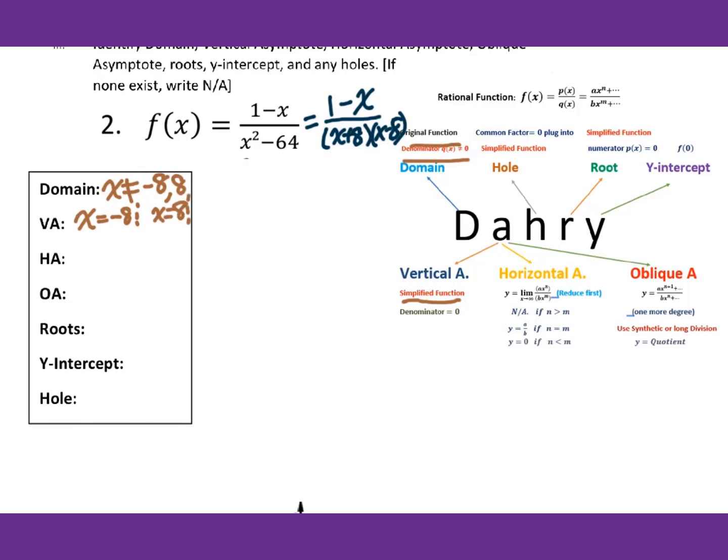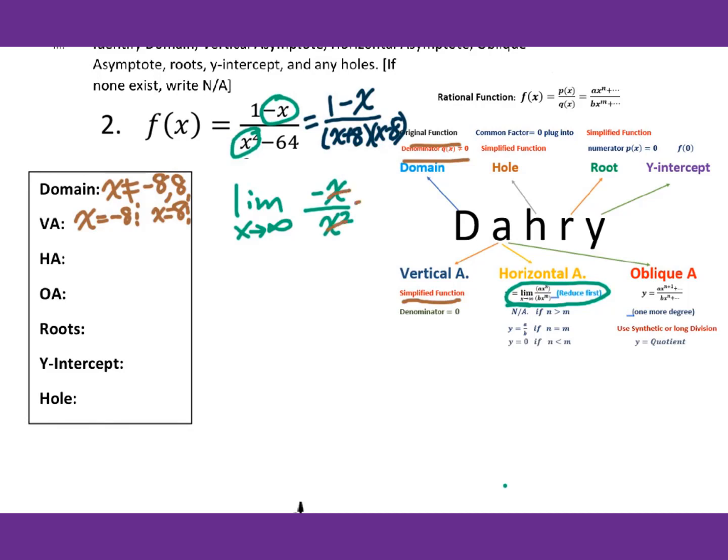For horizontal asymptote line, you will see limit of leading term. We got leading term that's -x and also x squared. So we got the limit as x approaches infinity of -x over x squared.